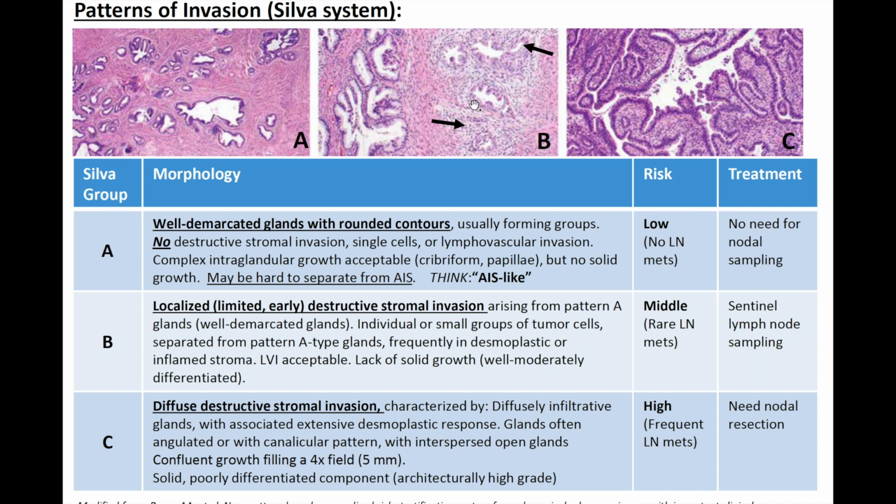So here we can see some stromal destruction or invasion, making this a Silva group B, which has a middle or medium risk with rare lymph node metastasis. And then Silva group C is going to have diffuse destructive stromal invasion, and this is a high risk entity with frequent lymph node metastasis.